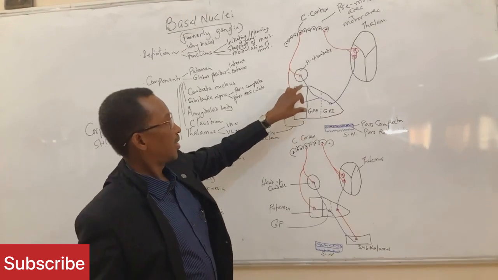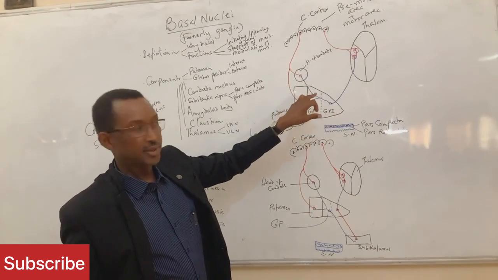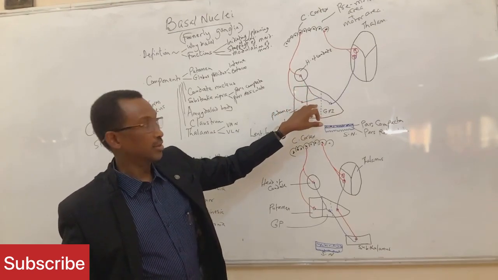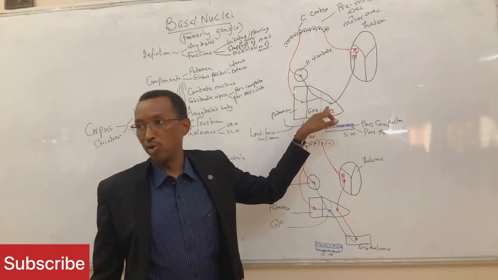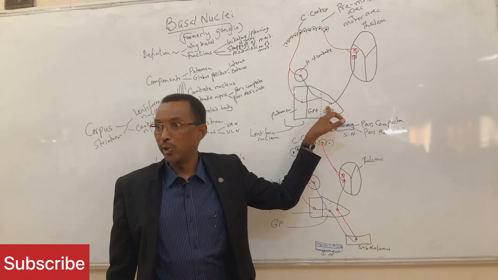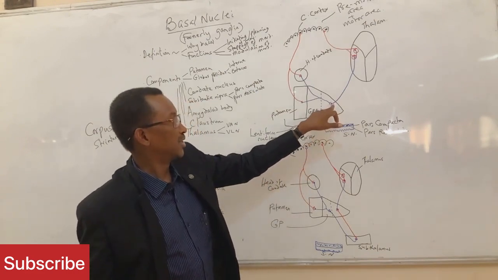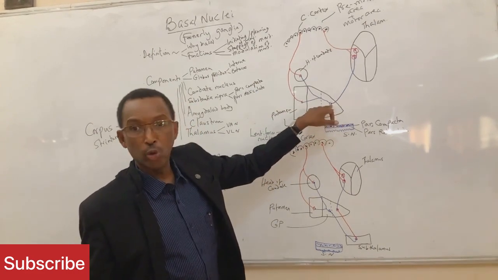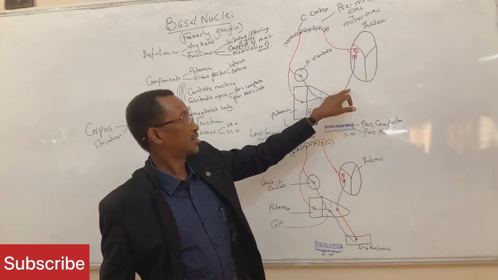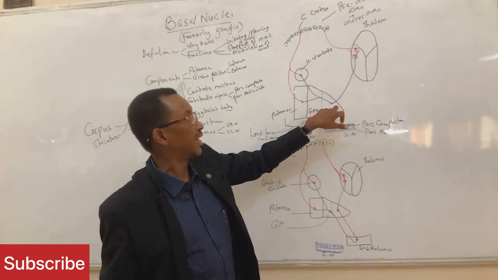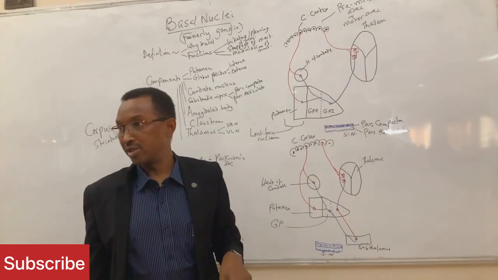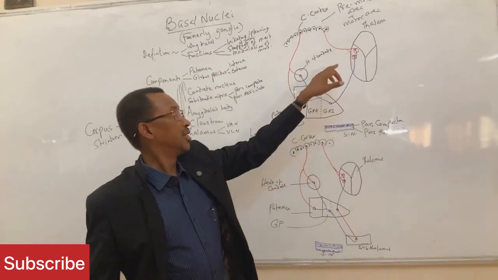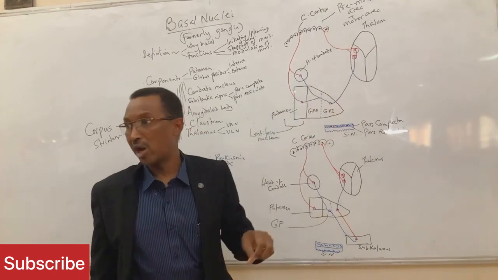So from there, the second order neuron takes such information until it finally reaches the globus pallidus interna. Are you clear? From the globus pallidus interna, there is a third order neuron that passes up into these two nuclei that I've just mentioned, the ventrolateral nucleus and the ventro-anterior nucleus of the thalamus.